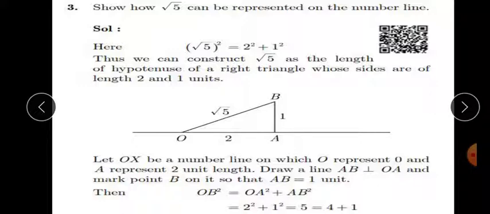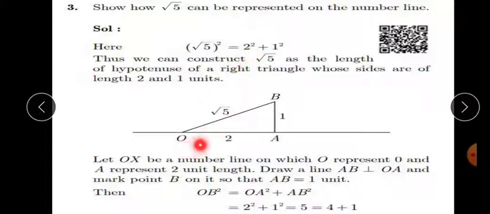First you draw a straight line and name it OX. Suppose here is O and somewhere here is X. Now you have to draw OA whose length is 2 centimeter.